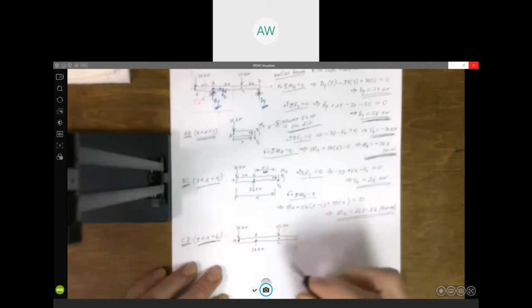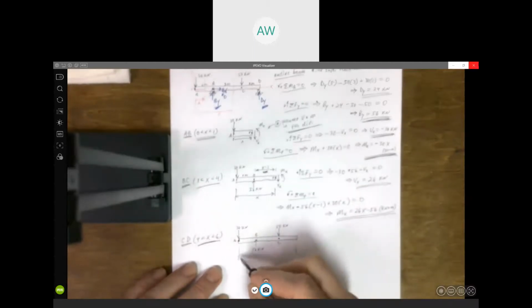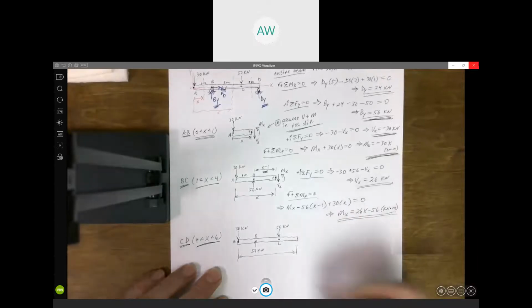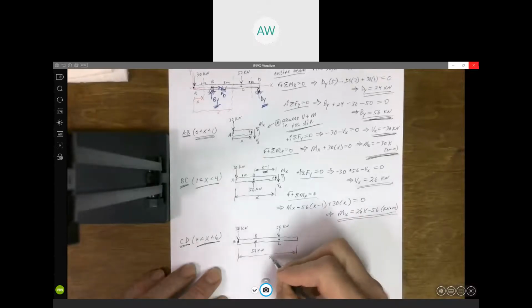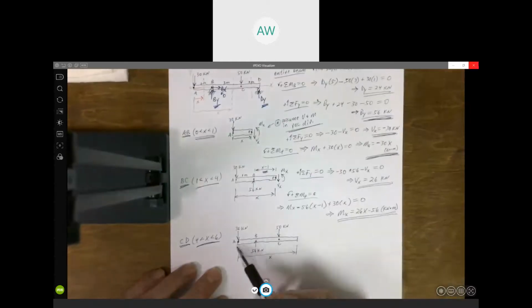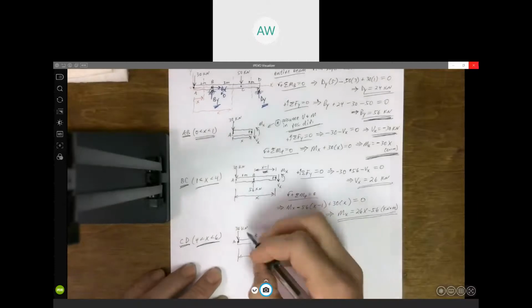And again, we cut it before we get to that end at D. And this is, again, some distance x from end A. I know between A and B is 1 meter.